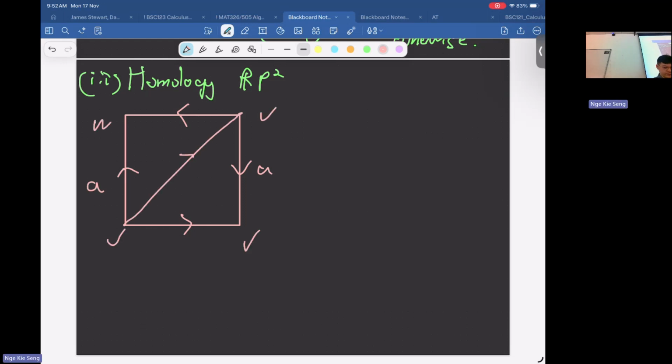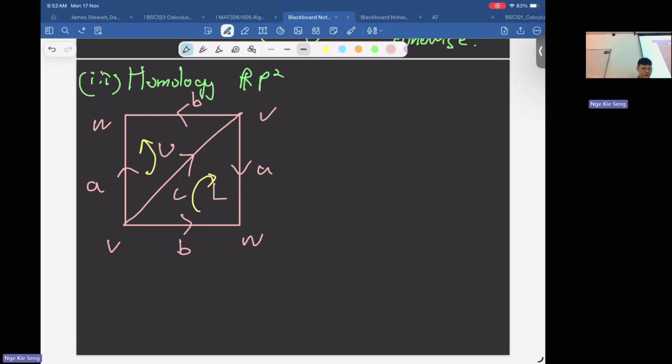And similarly, we have this U and L. Here is W. Note that the orientation for U and L here should be opposite now because we identify in opposite direction, right? So there's an opposite orientation that we take here.